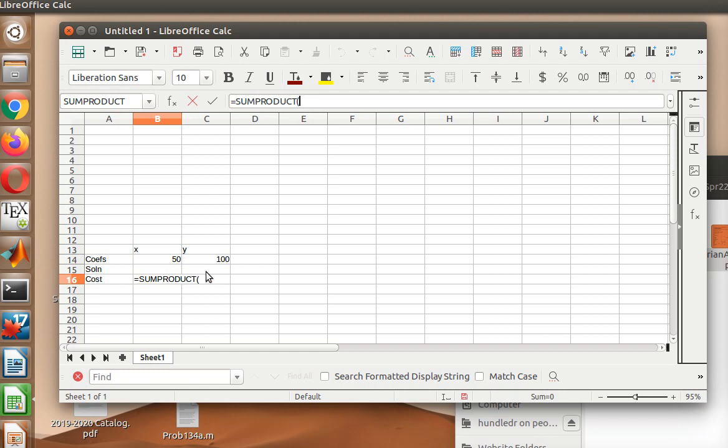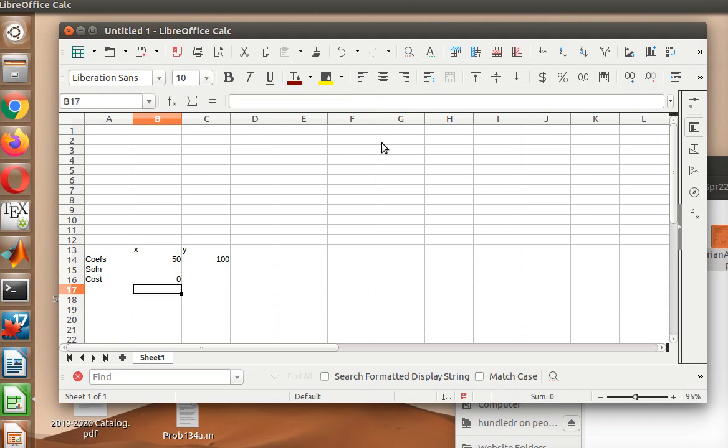We're going to dot those two vectors together. I'm going to leave off the dollar signs, because I don't really need them. B14 to C14, just to make it simpler to see, and then B15 to C15. Okay, so that's going to be the dot product.